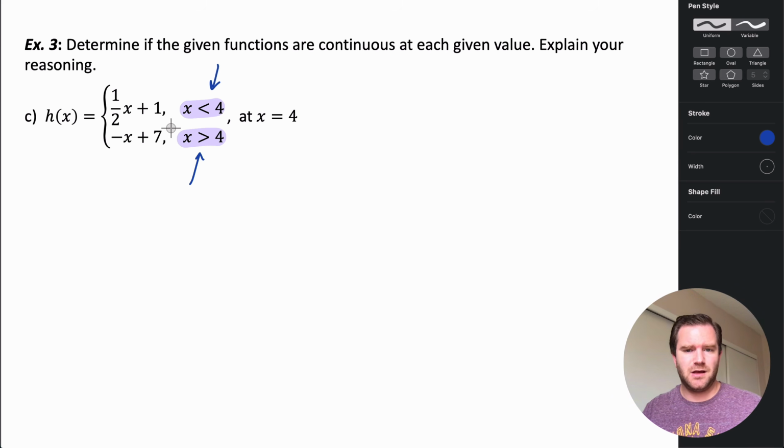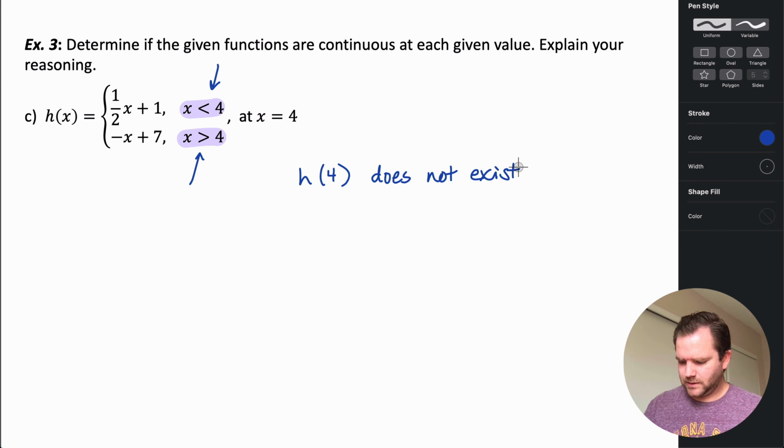This function is not defined at 4, right? So h of 4 does not exist. And so because of this, h of x is not continuous.